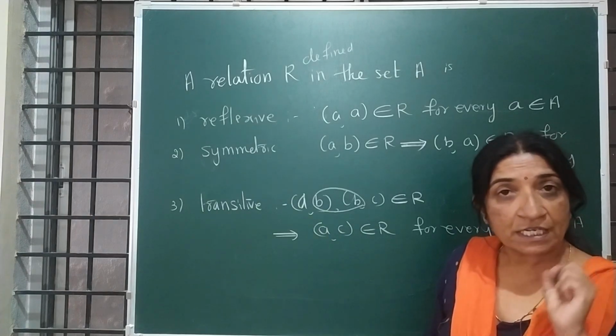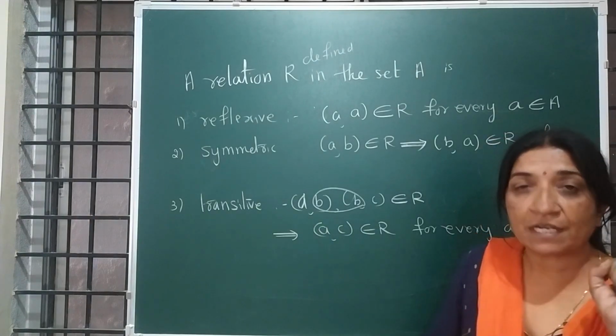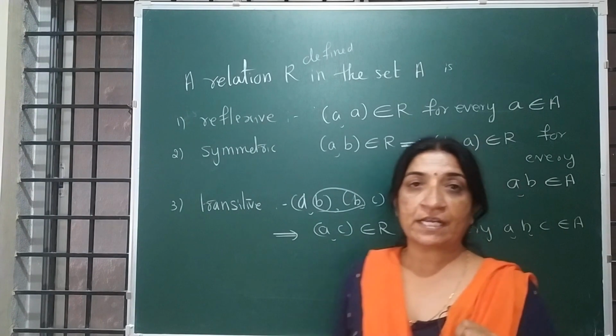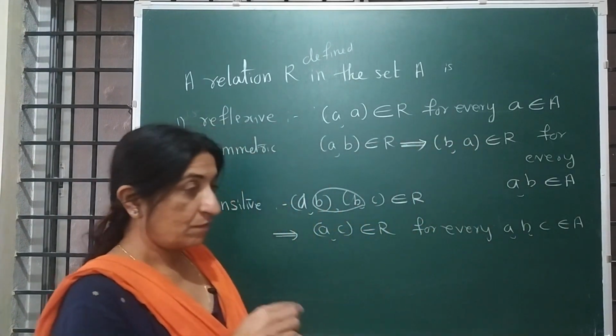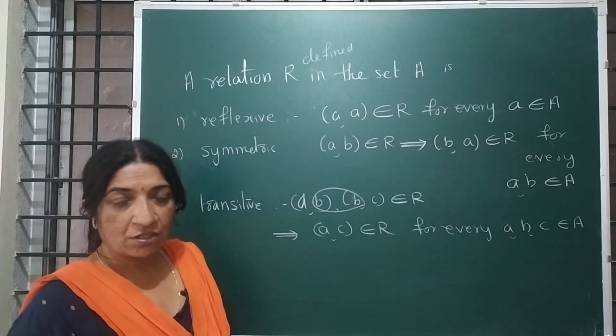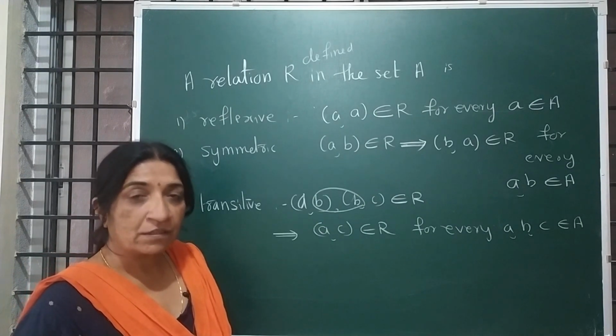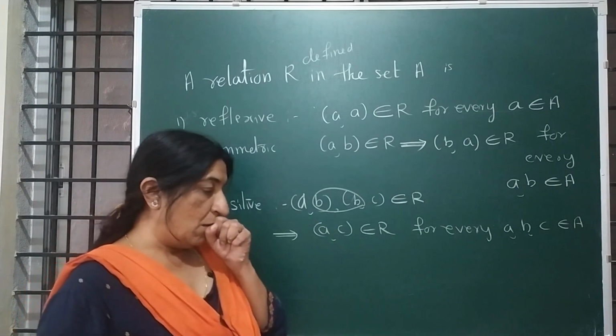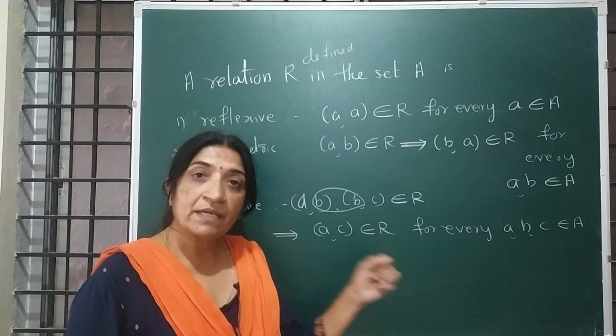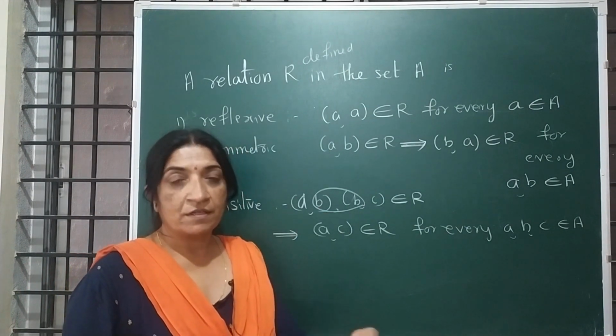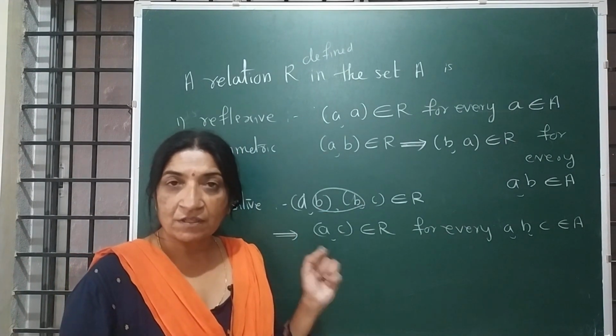If all the 3 are present in the same relation, we call it an equivalence relation.